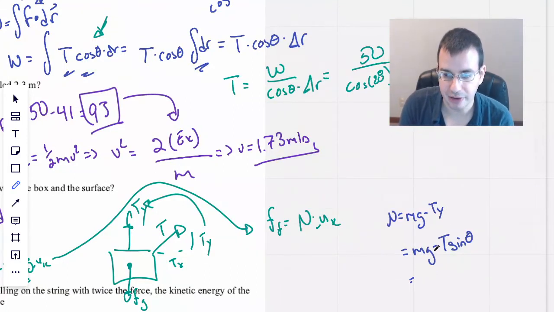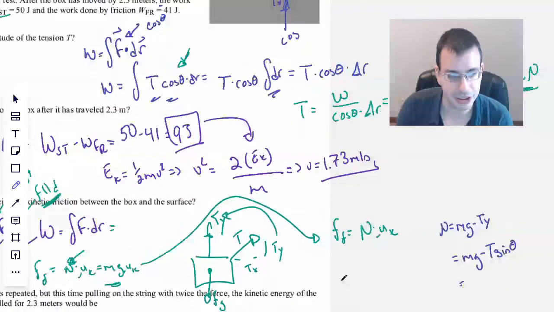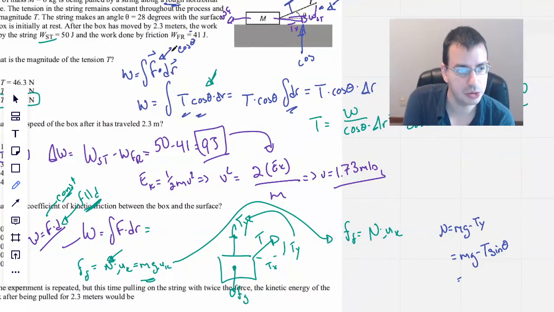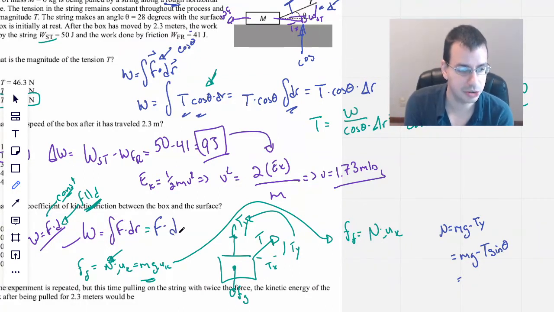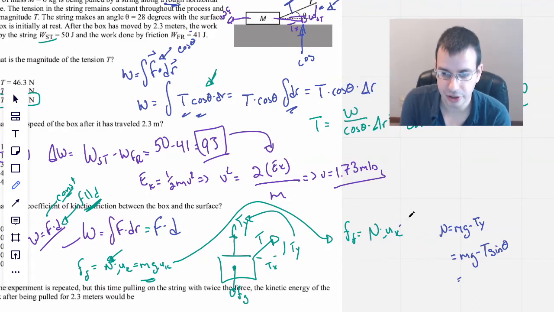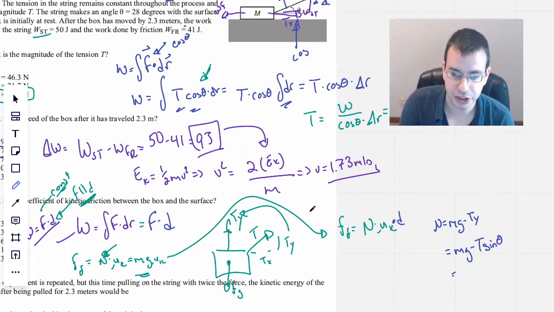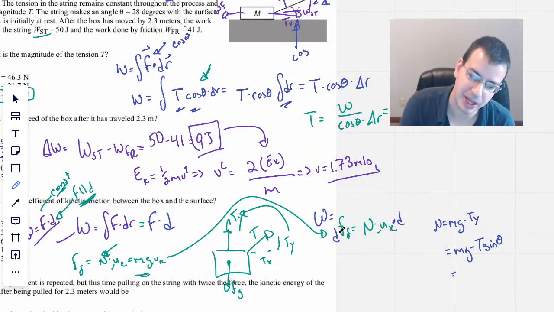So we have our normal force, we have our force here, and we have our work here. Force is going to be constant, and it's going to be in the same direction, so we call it F dot D. So this is work. So messy.